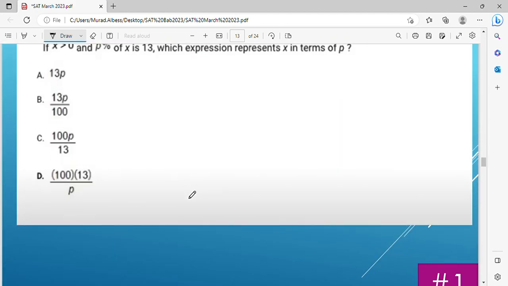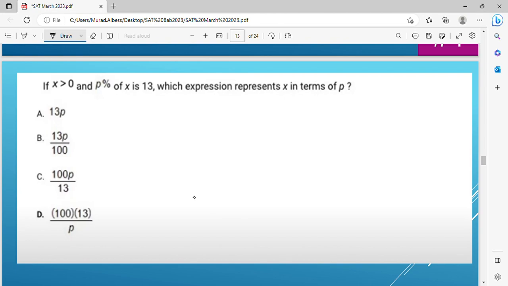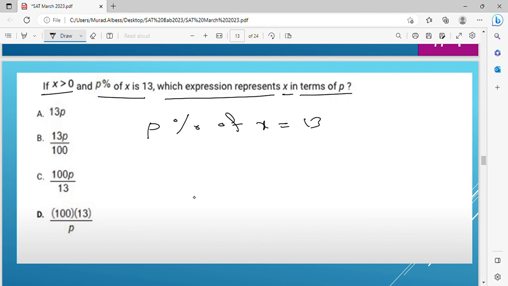If x is greater than 0 and b% of x is 13, which expression represents x in terms of b? He told us b% of x is equal to 13. We can write it like that: b over 100 times x equals 13, and we will solve it for x.